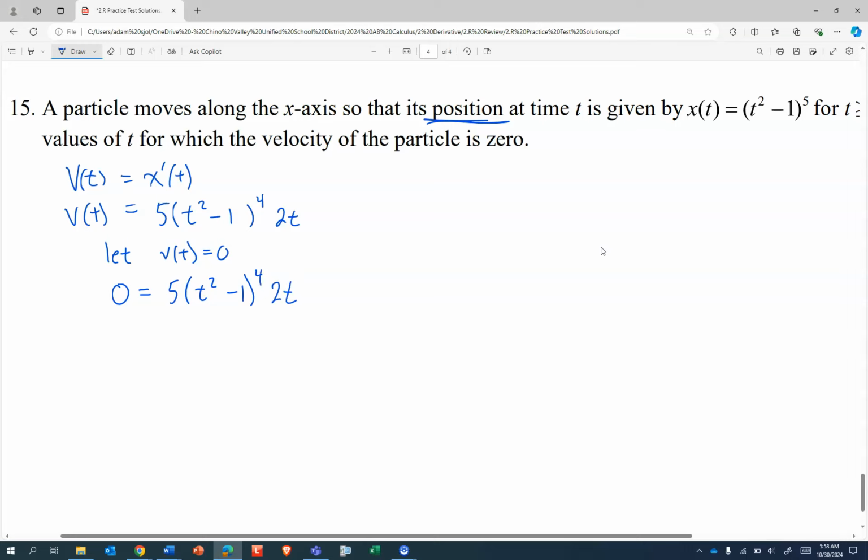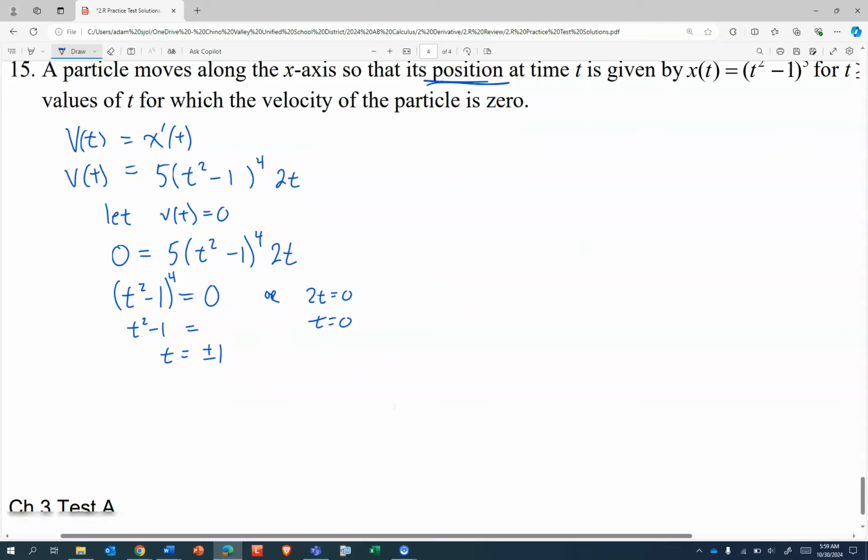The reason we have things factored is, like back in algebra, we can ignore the 5, we can say (t squared minus 1) to the 4th equals 0, which also means t squared minus 1 equals 0, which means t is equal to positive or negative 1. Or 2t equals 0, t equals 0.